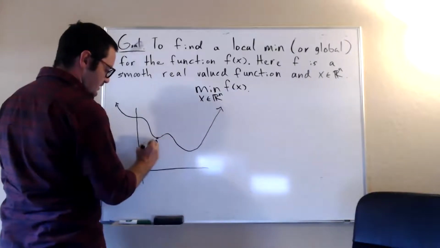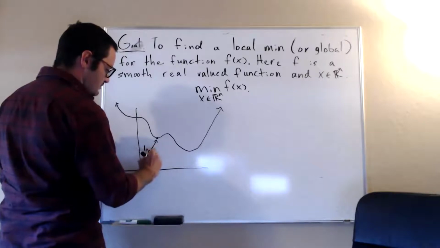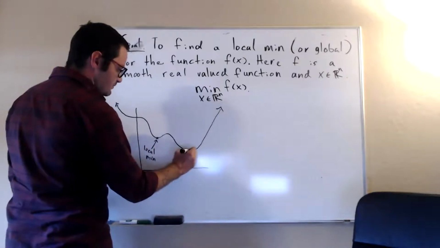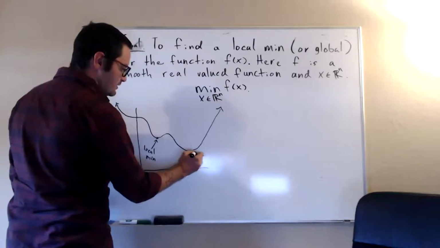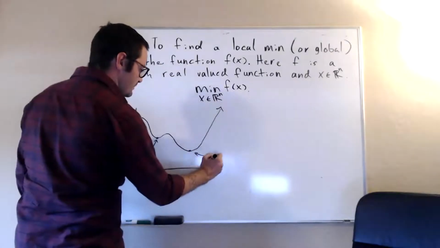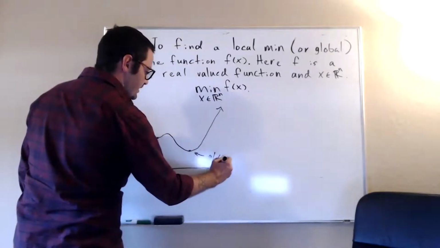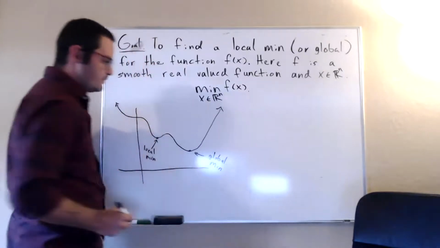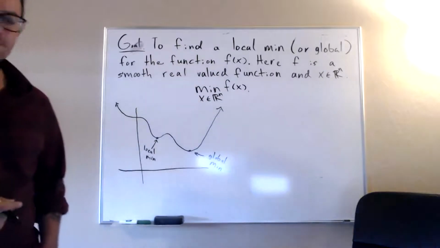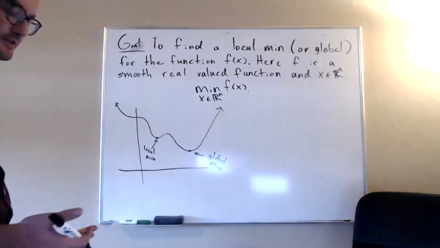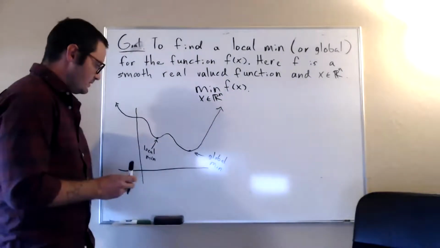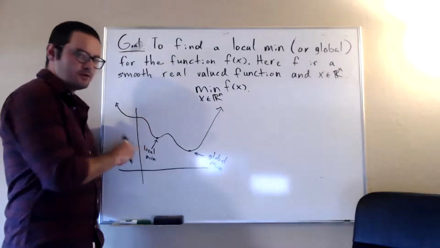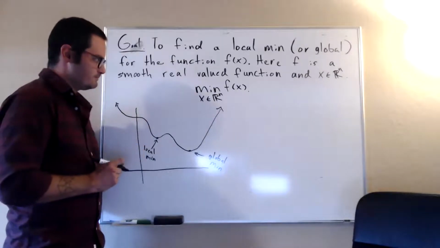This would be a local min, and then maybe something like right here, this would be a global min. So in practice, we won't be able to find global minimums, though we can sometimes. Typically, we'll be looking for a local minimum, a local extreme.